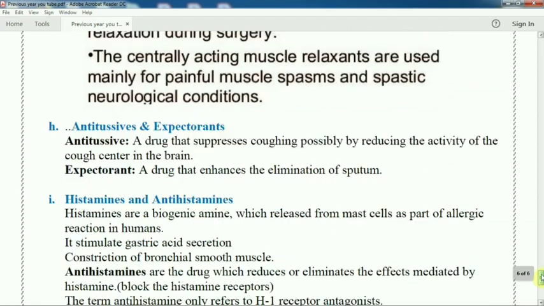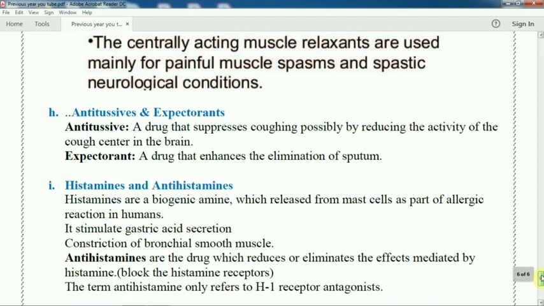Now comes to the antitussive and expectorant. Antitussive is a drug that suppresses coughing, possibly by reducing the activity of the cough center in the brain. Expectorants are the drugs that enhance the elimination of sputum. How do they enhance it? We have already studied both the anatomy and pharmacology part.